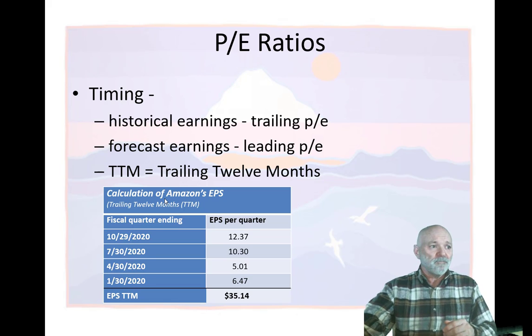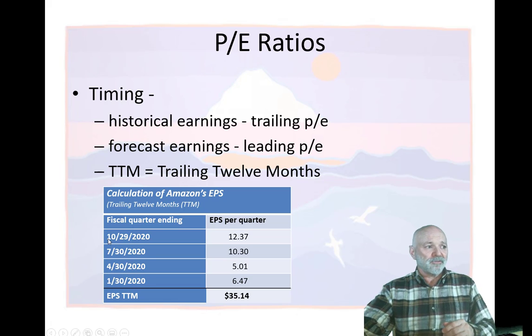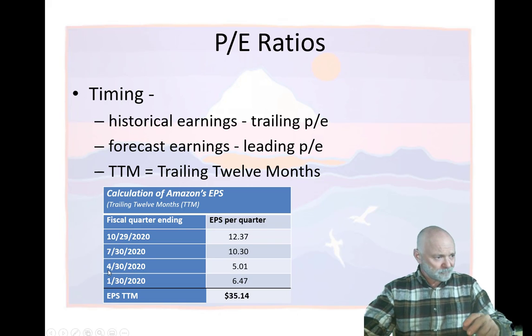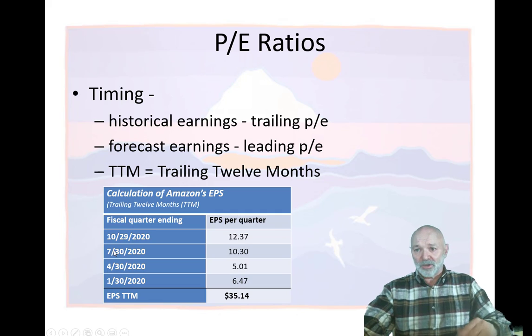In this example, you can see that we have quarterly information from October, July, April, and January of 2020. Those were the 4 most recent quarterly reports that had been provided when I downloaded this information about a week ago. Their EPS for each of those quarters is shown here. And we see a couple of things.